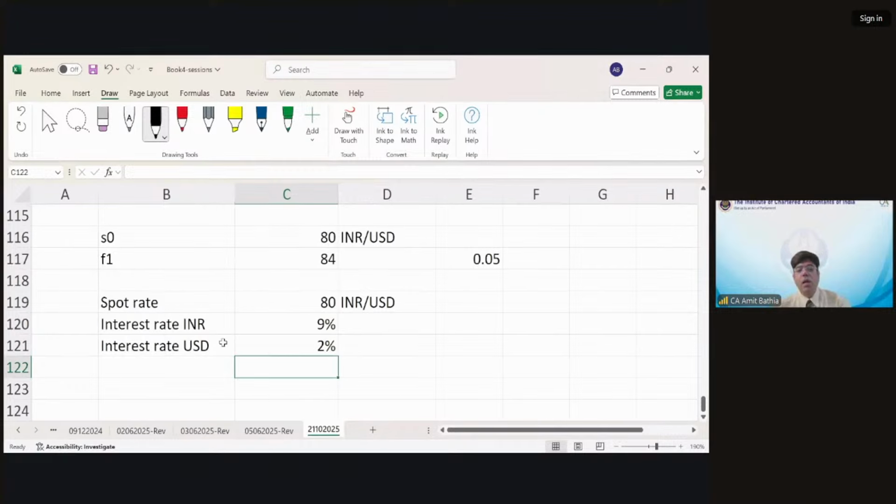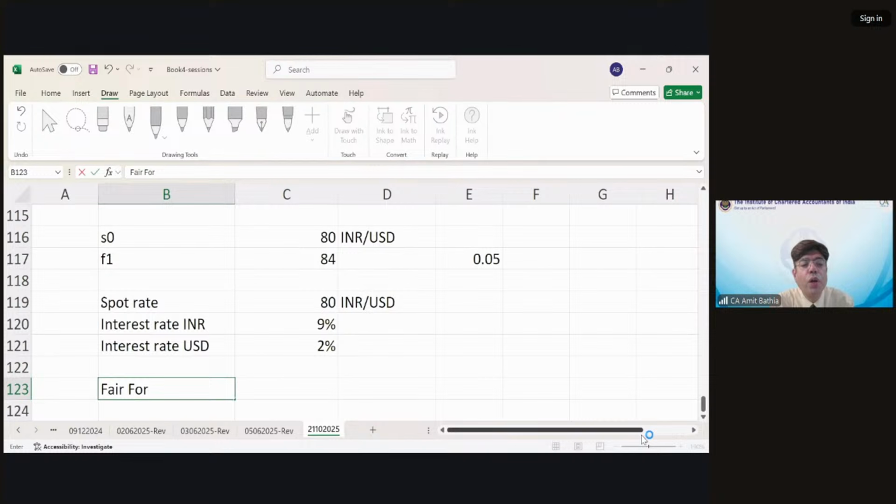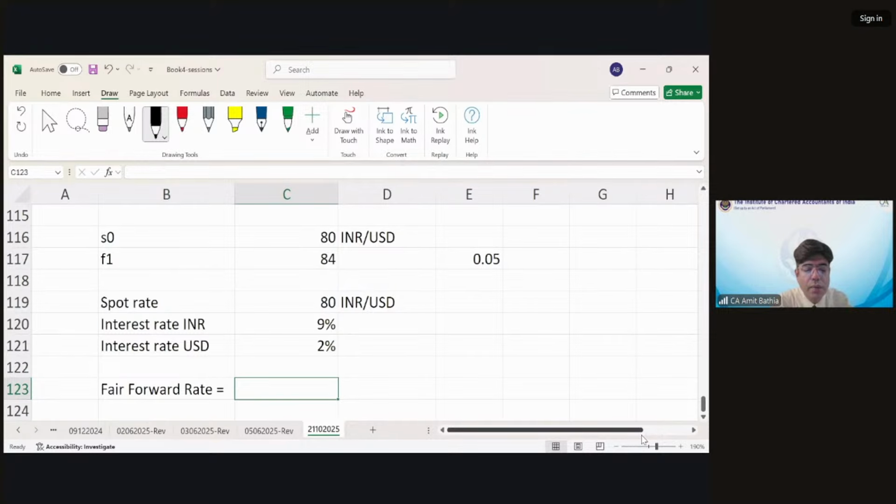Now, how do I find what will be my fair forward rate? What do you mean by fair forward rate? Based on my interest rate parity principle, I will try to find what is my fair forward rate, right? So how am I going to calculate that? Fair forward rate is equal to, remember the formula that we had seen earlier as well?